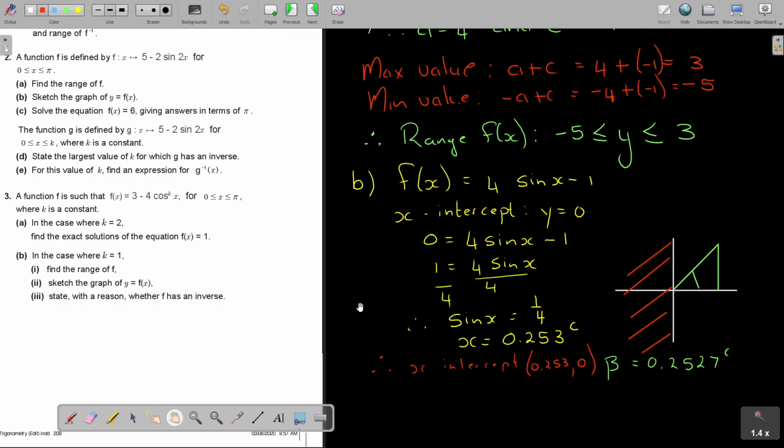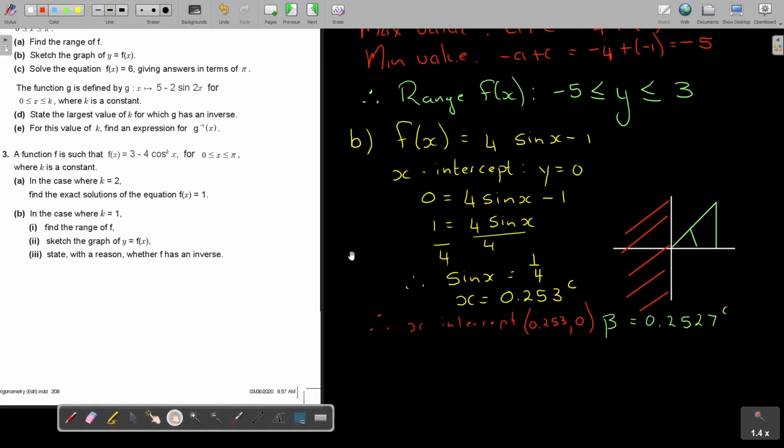Now I'm going to go on and find the y-intercept. Now I make x 0. So again, I can actually rather write y. So y is equal to 4 sin 0 minus 1.